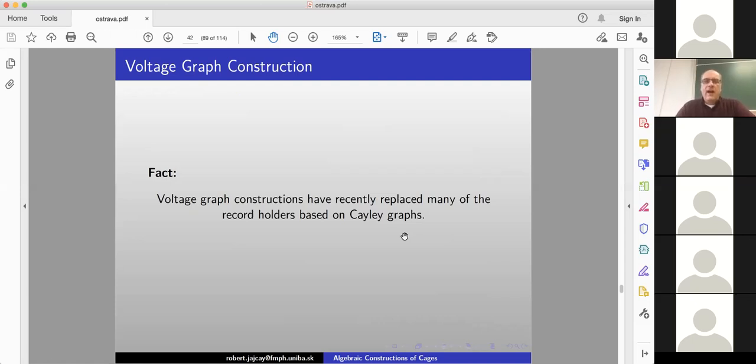A Cayley graph is sort of a voltage graph based on a one vertex graph. So voltage graphs in general can start from more vertices and then you don't get Cayley graphs, but we can manage and control the girth of the resulting graph based on the girth of the bottom graph.